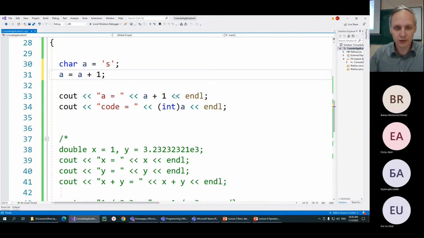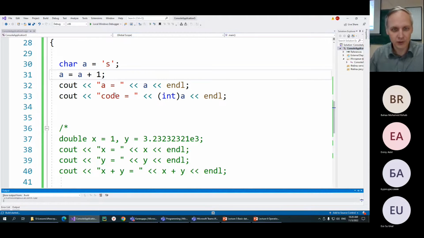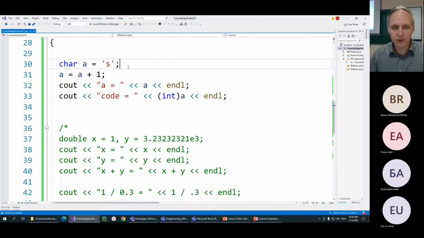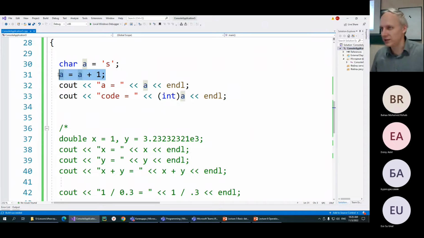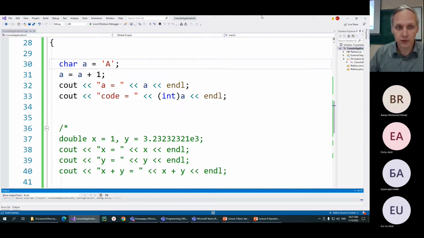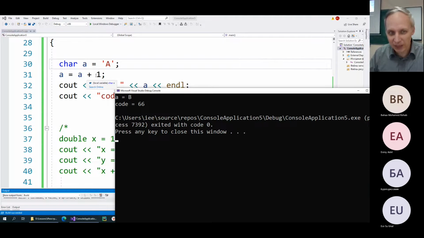And after that, we will see t on the screen. Because all the symbols are written one after another in this code table, and the codes follow one after another. For example, if I assign capital A, then a plus 1 will be capital B.